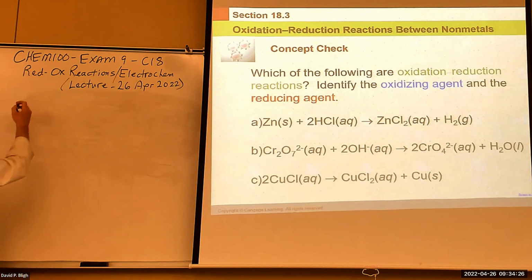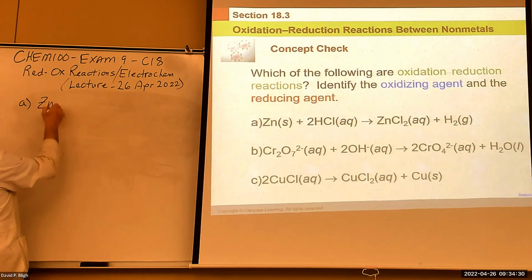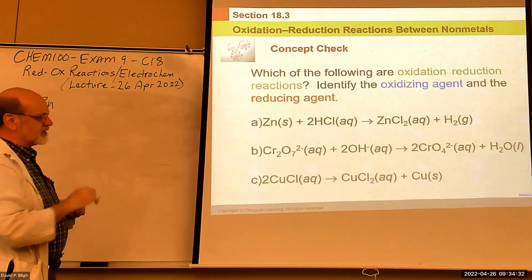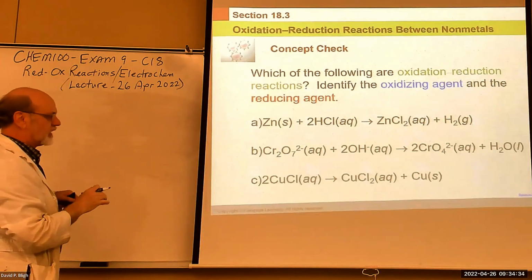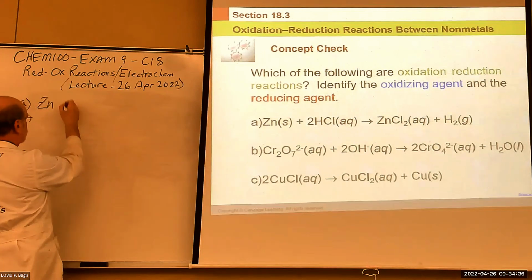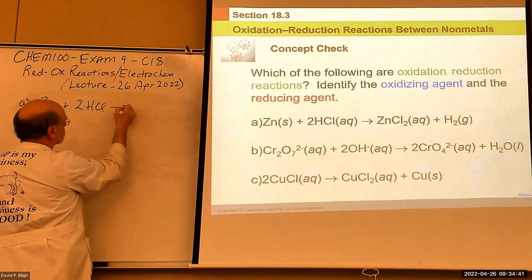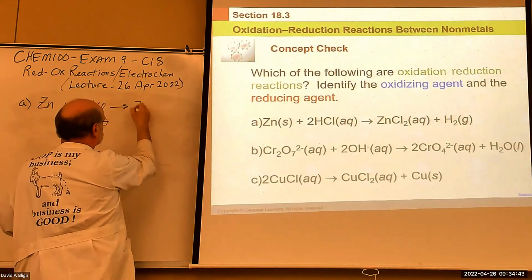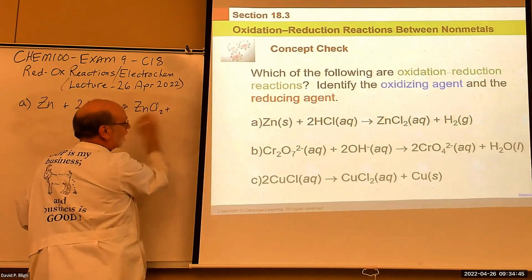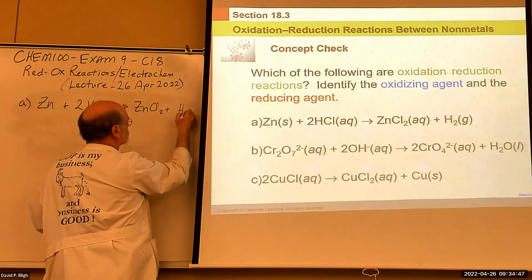All right, A. Let's see, we got zinc. I'm going to leave out the phases because we don't need them to do the calculations. HCl, chlorine, and hydrogen gas.